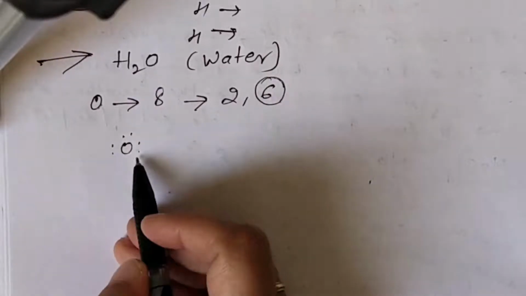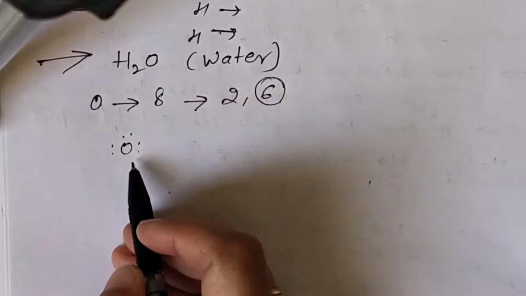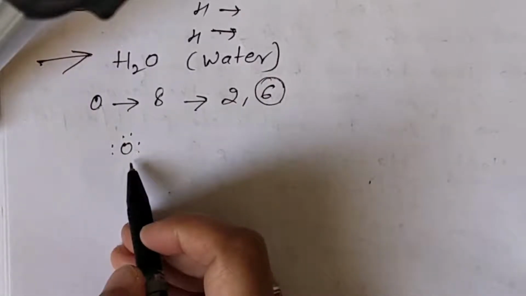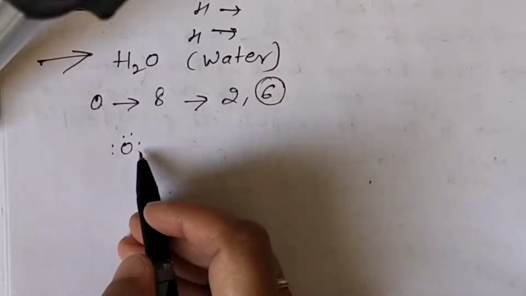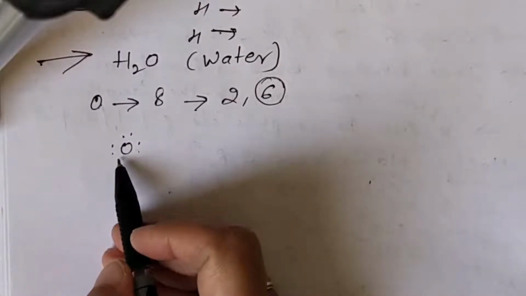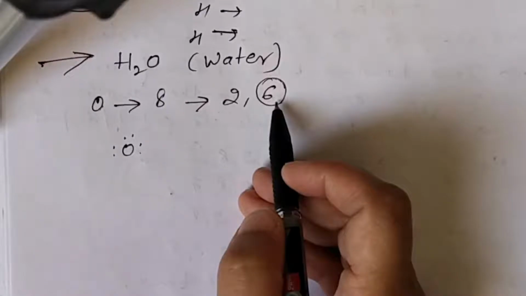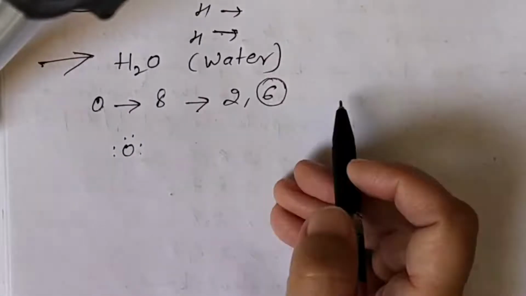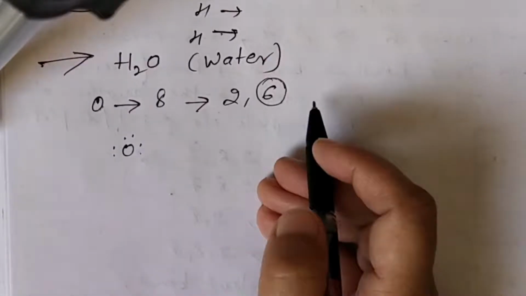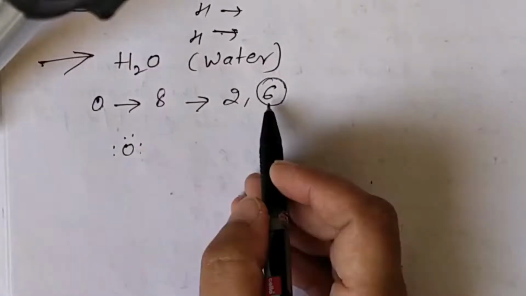So we are trying to draw here the Lewis dot structure of water molecule. How will you draw it? Here see what will happen. It has to complete the octet by sharing 2 electrons. So how will it complete these 2 electrons?